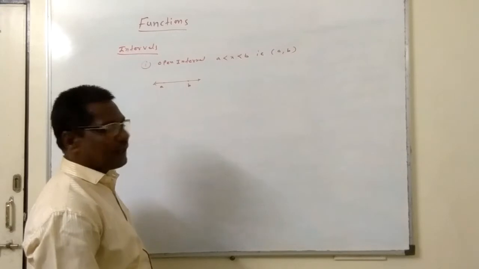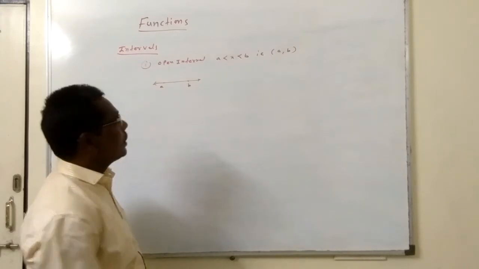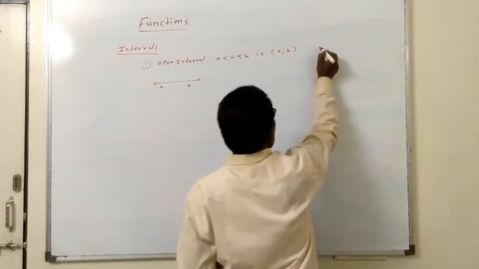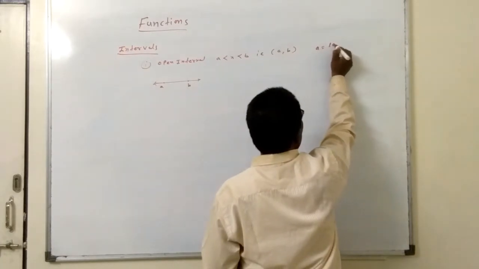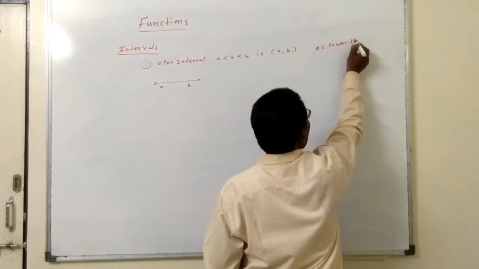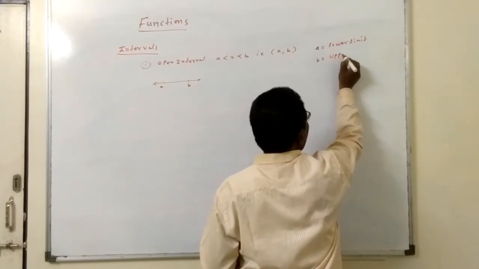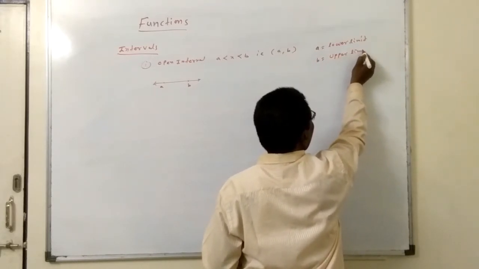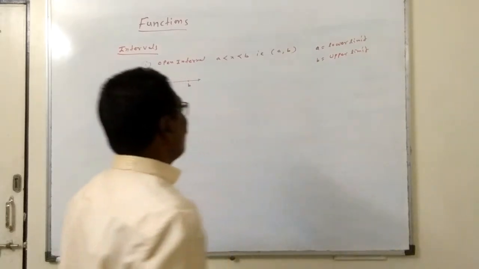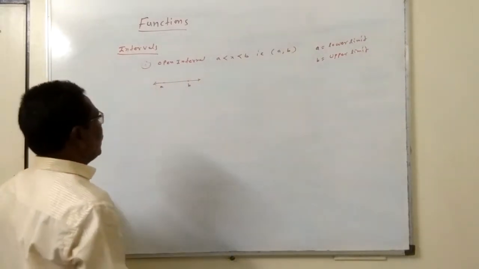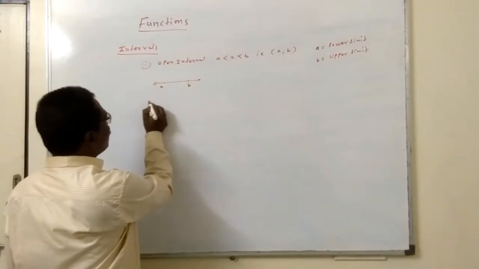If we write round bracket (a, b), that is the open interval, where a and b are not included. Here a is the lower limit and b is the upper limit. So when the lower limit and upper limit are excluded, that interval is an open interval.